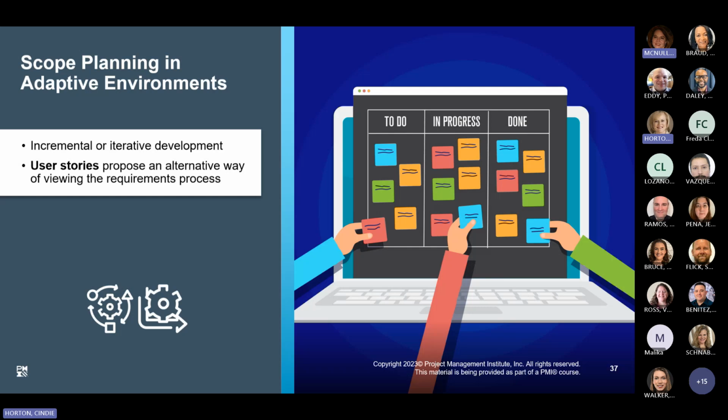We've looked at scope planning in predictive environments. Now let's turn to scope planning in adaptive environments. Project teams that use adaptive life cycles take a different approach to planning project work. They leverage incremental or iterative development and user stories in most adaptive life cycles.